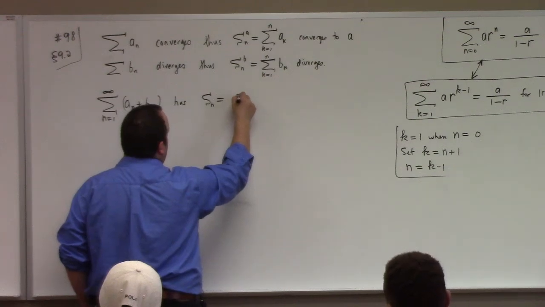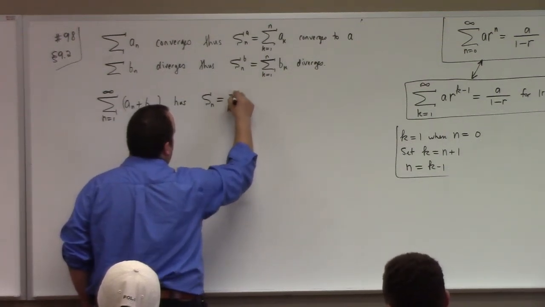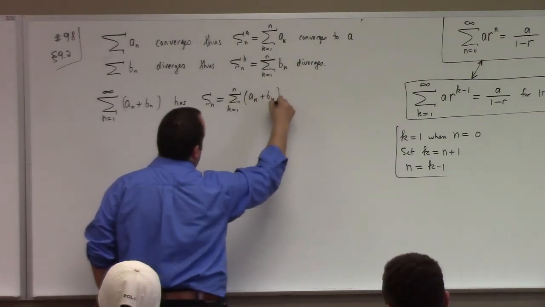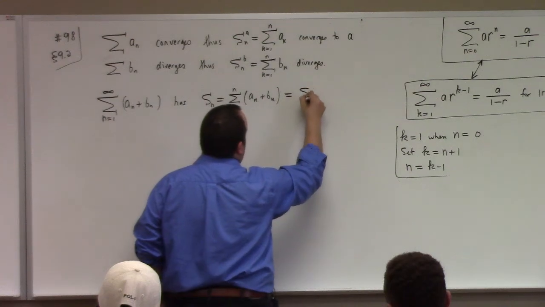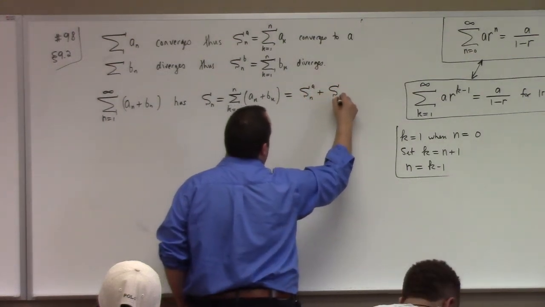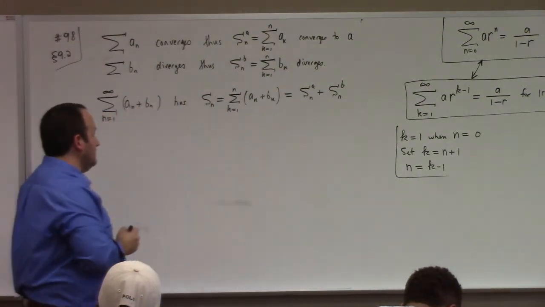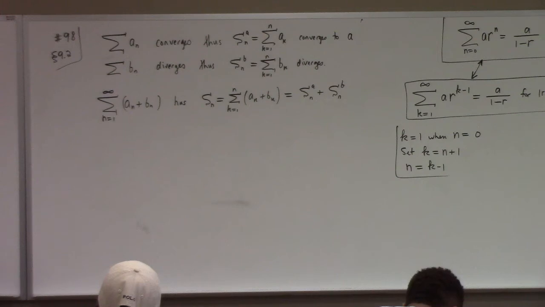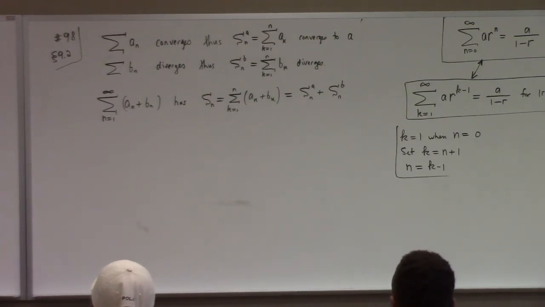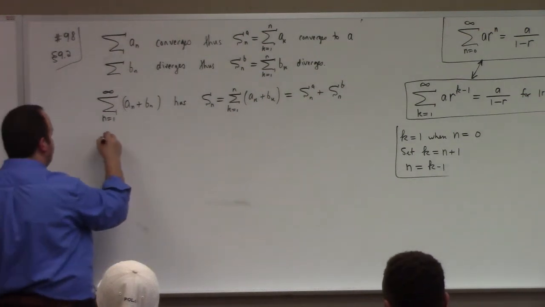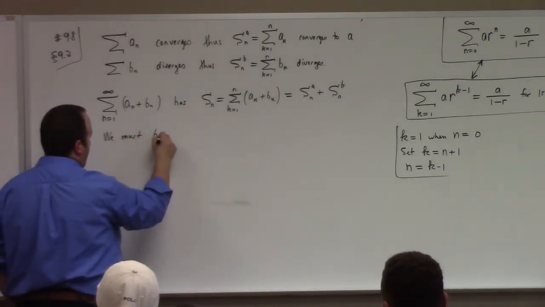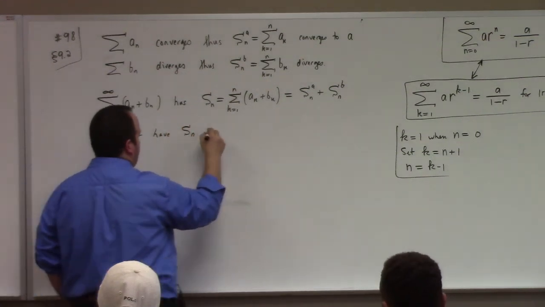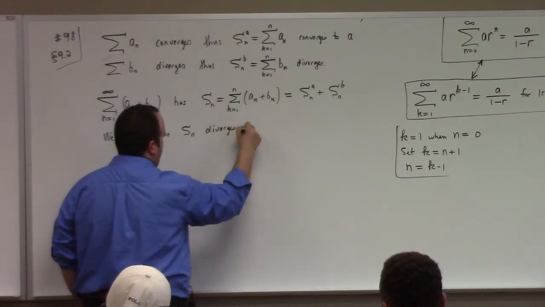It's the sum k equals 1 to n of a sub k plus b sub k, which by properties of finite sums is just equal to the nth partial sum of A plus the nth partial sum of B. It must be that the nth partial sum, just the Sn, has to diverge as n goes to infinity.